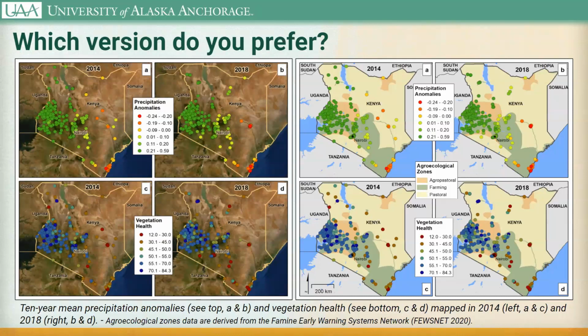What was the question again? So on the right, he's added the agroecological zones. I think I edited out the part that said that that was at the request of his client, to add those zones in and see how that interacted with the precipitation and vegetation health. Can you see any trends in the data that would make that meaningful?